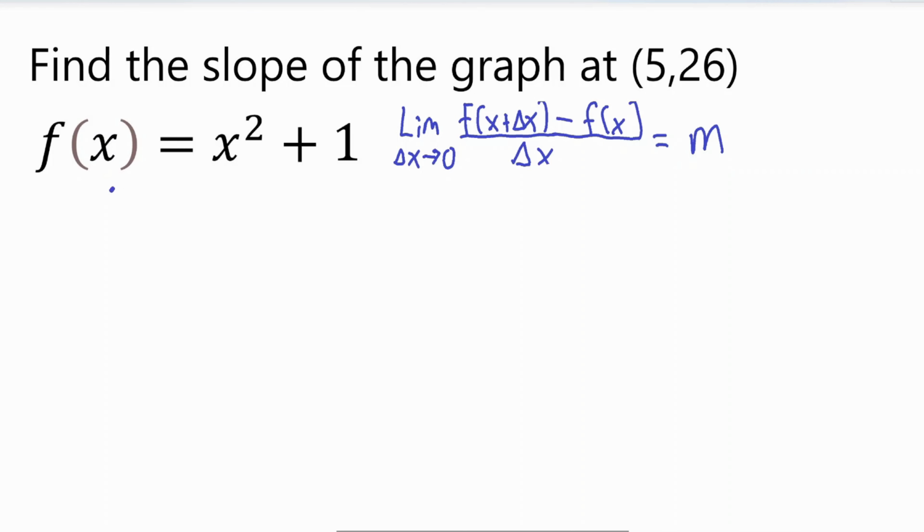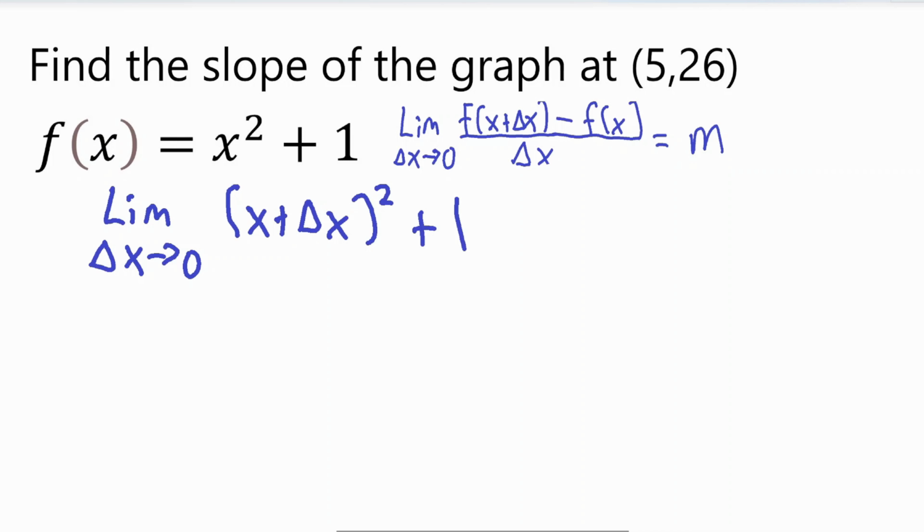So let's write this. We have the limit as change of x approaches 0 of f of x plus change of x, which means we plug the x plus change of x into our x in the equation. So that'll give us (x plus change of x) squared plus 1.